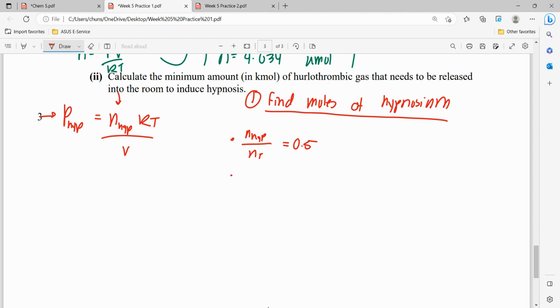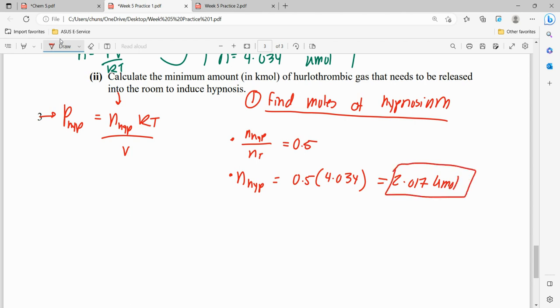So if we just want to find our hypnosium moles, this would be 0.5 times our total moles, which is 4.034, times 0.5. And this is 2.017 kilomoles of our whole gas is just made up of hypnosium.